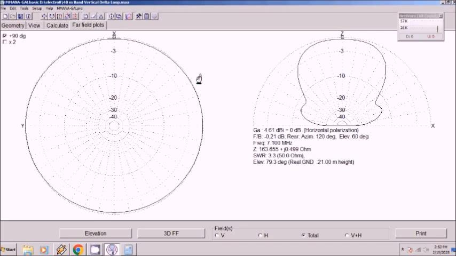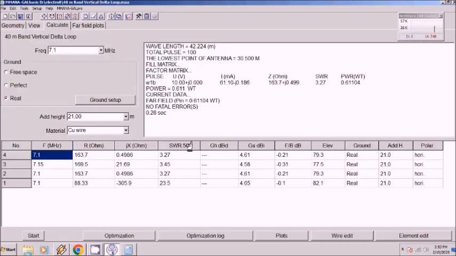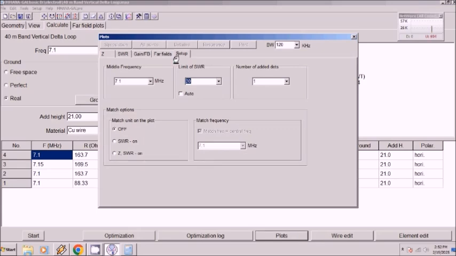And now we are going to check the SWR bandwidth of this antenna. Back to the calculate tab, click plots here, and we are going to analyze a bandwidth of 200 kilohertz at center frequency 7.1 megahertz.